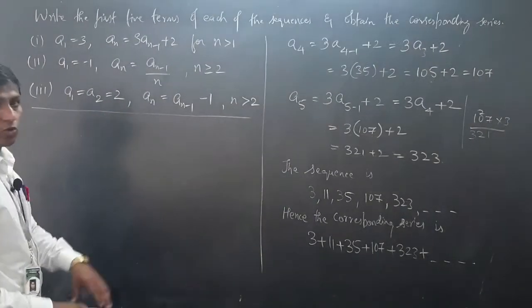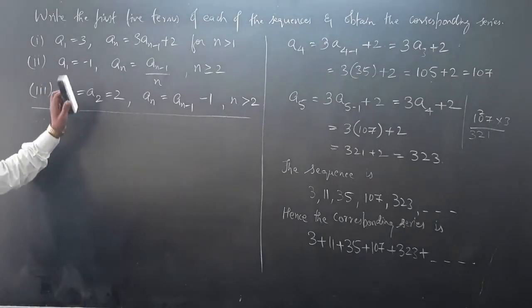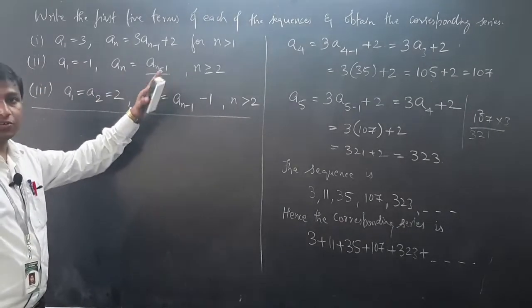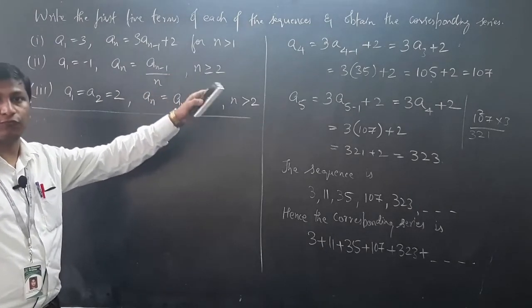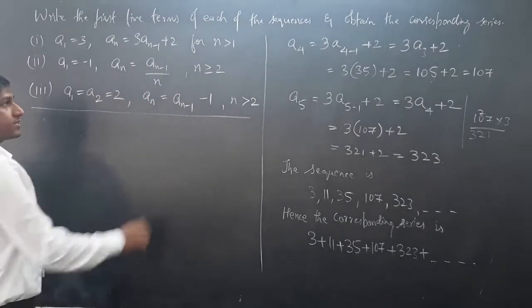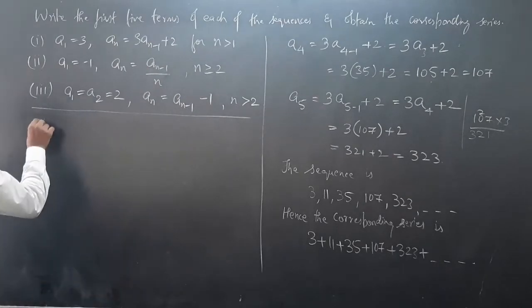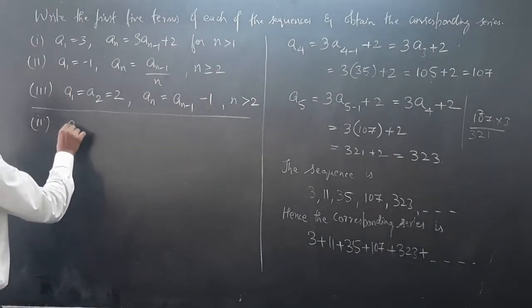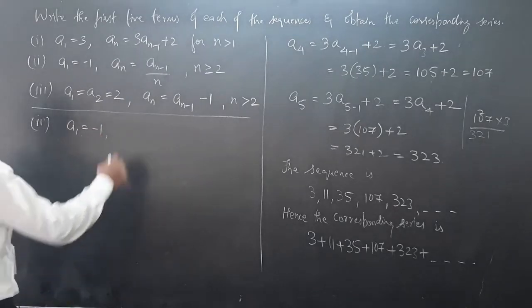Look at the second problem. The first term is given to be minus 1, and the general terms, the terms after the first, are given as a_n equals a_(n-1) by n. We will write that down now. a_1, which is the first term, is given to be minus 1.